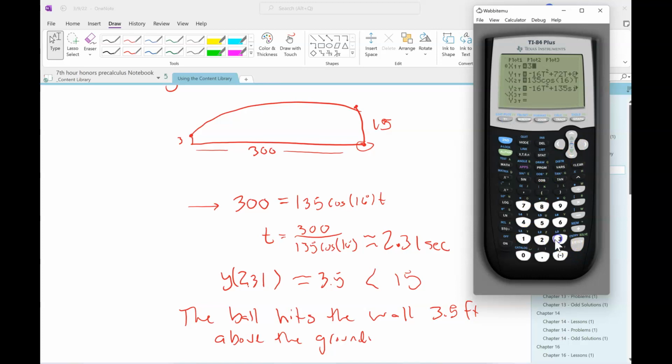That wall is 300 feet away, so the x coordinate is just going to be straight 300. The wall is 15 units tall, but I need to graph points at 300, 0, 300, 0.1, 300, 0.2, all the way up to 315 to get that vertical line to show up.